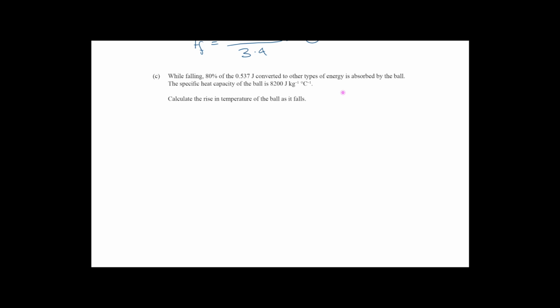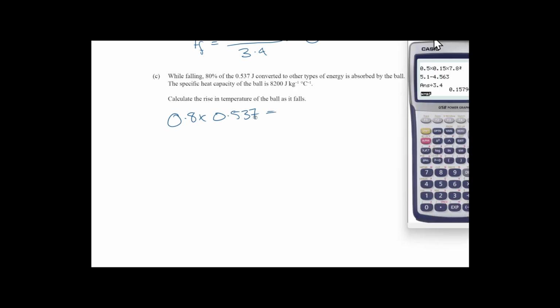Calculate the rise in temperature of the ball as it falls. All right. So first off, we need to work out how much 80% of this 0.537 is. So 0.8 times 0.537 joules is going to be equal to some number.